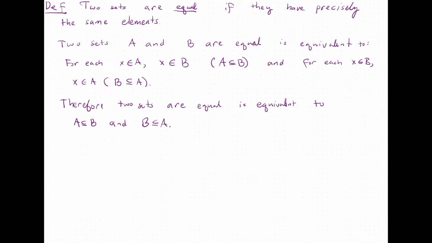And so now we can go ahead and write this symbolically, that the sets A is equal to B can be written symbolically as for every x, x is in A if and only if x is in B. And so we have our symbolic statement for equality of sets.